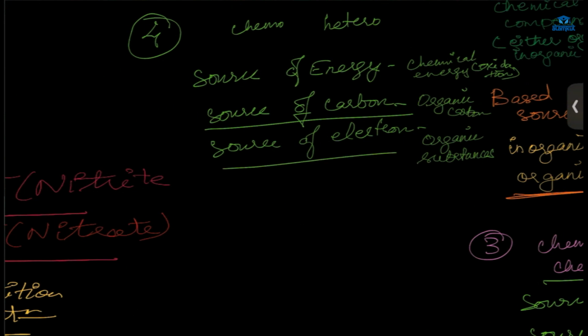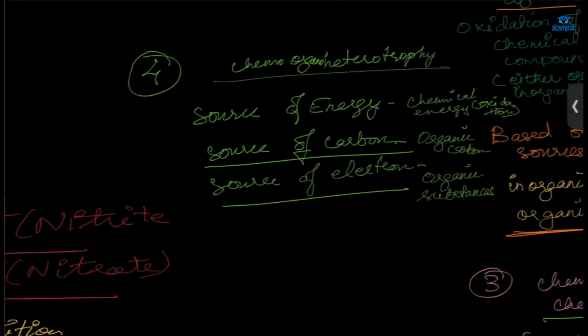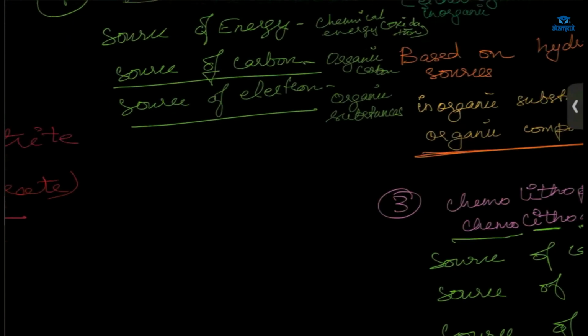Then the source of electron is organic, so organo. So chemo, organo, heterotrophy. You got the name. The other name is the same, chemo, organotrophic, heterotrophic. Got it? Yes, ma'am. Easy, right? To name it is very easy.